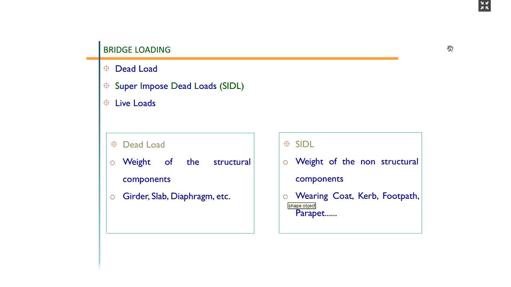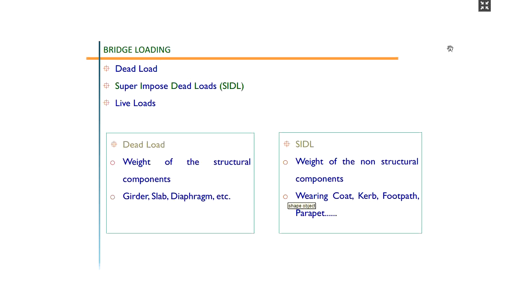Different vehicles, starting from a small scooter to a truck, are going to pass. But as you know, design is generally done for the critical cases, so here also design is going to be done for critical cases, like trucks, buses, trailers and others which are more critical, and for that we are going to design the bridge.